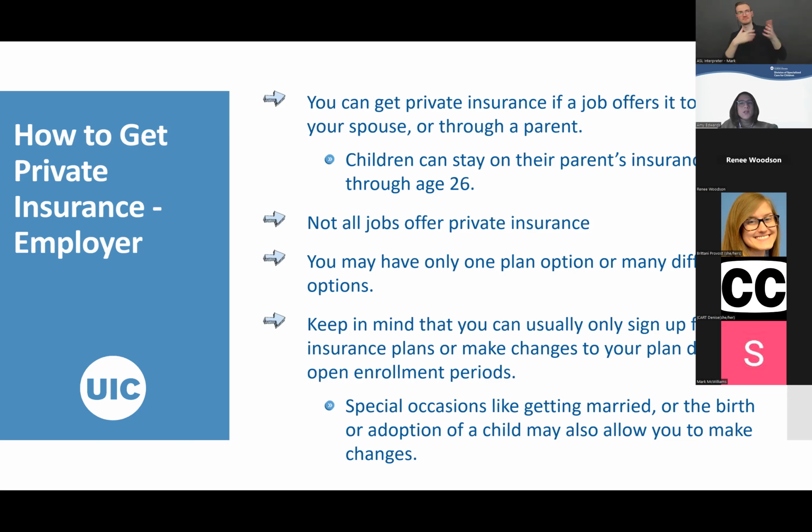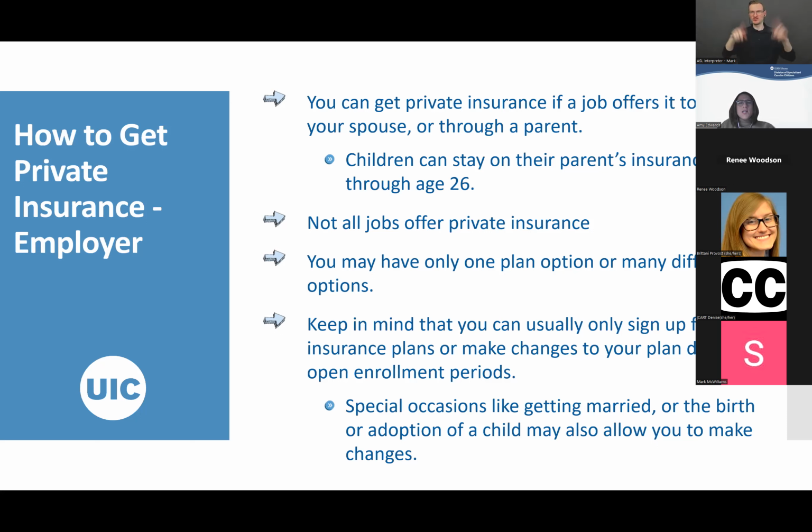If you get insurance through a job, you may only have one plan option, or with some employers, you may have several plan options to choose from. Keep in mind that usually you can only sign up for insurance plans or make changes to your plan during open enrollment periods. This is a specific time of the year when your employer allows you to make changes. It can be different with every employer.